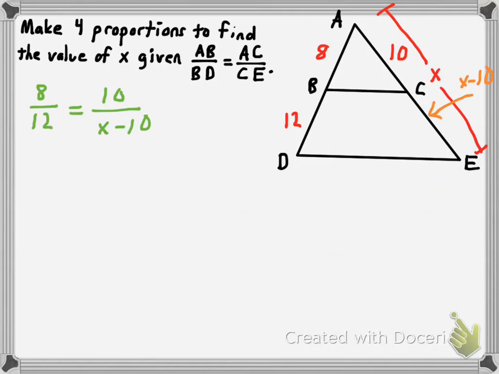Okay, now I'm going to try to do this using the properties that we talked about on the previous slide, and then I'll show you in the picture why they actually work. Remember, one of the things we said we could do on the previous slide is we could make a new proportion simply by taking the reciprocal of each ratio of the original proportion. So I could make 12 is to 8 as x minus 10 is to 10, right?